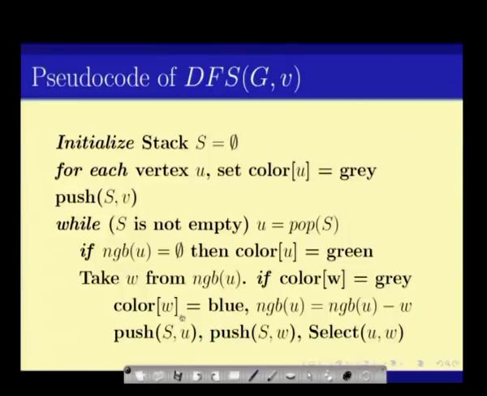First of all, we will color that one blue. We will select that edge uw. Since we have taken the last element, we will put that last element back, and we will also put the new element into the stack. And another thing is that we will remove w from the neighborhood of u.